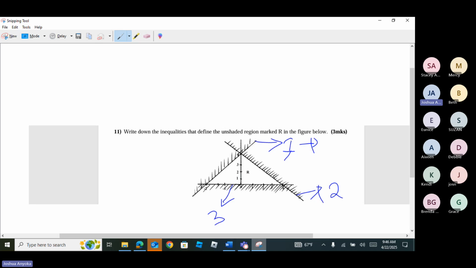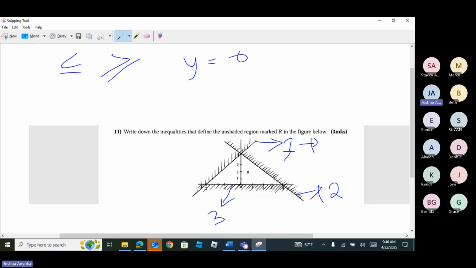Even equation 3. Equation 3 is the easiest one, it is continuous. So less than, greater than, or equals to. It is along the x-axis, so it is the equation y is equals to 0.